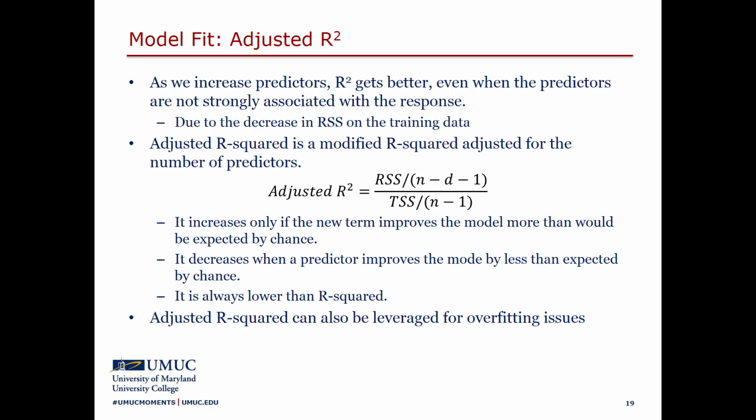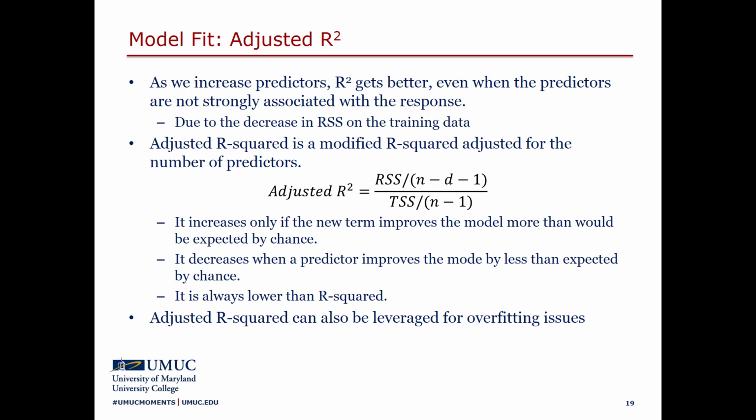So the model fit. If you remember, we used R squared earlier for the simple linear regression case. Now, in multiple linear regression, we have many predictors. The nature of R squared is such that as we increase the number of predictors, the R squared gets better, even when the predictors are not really significant or are not strongly associated or correlated with the response variable.